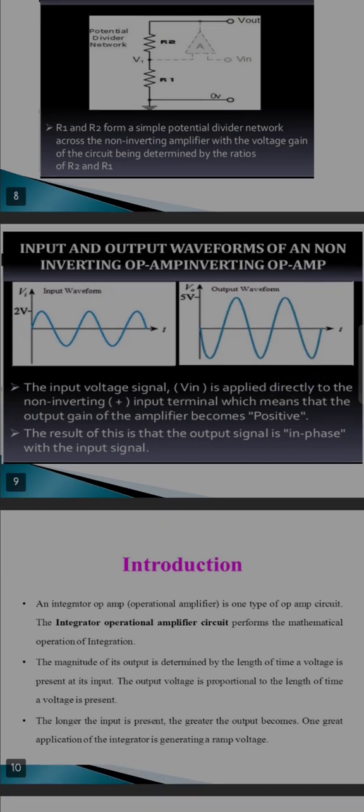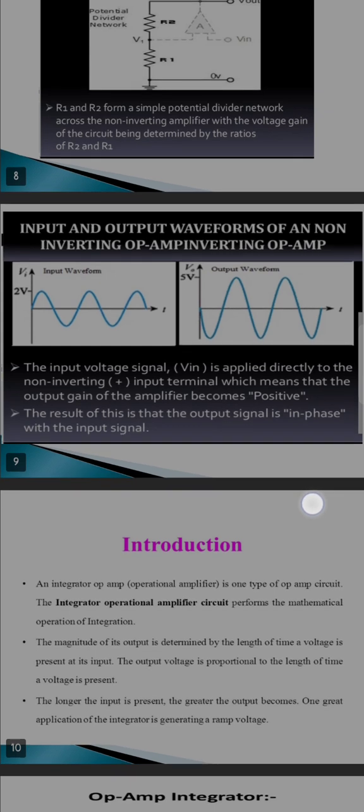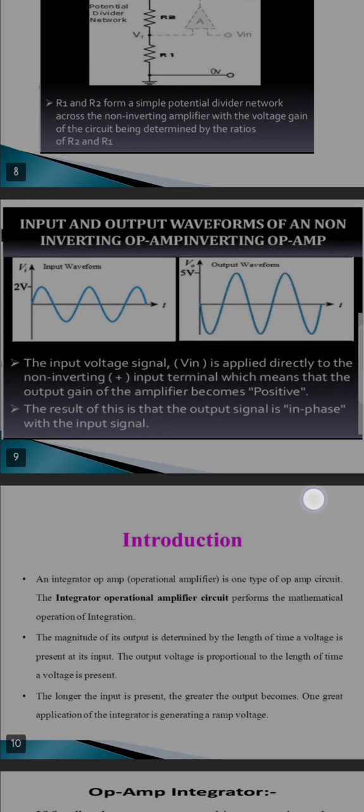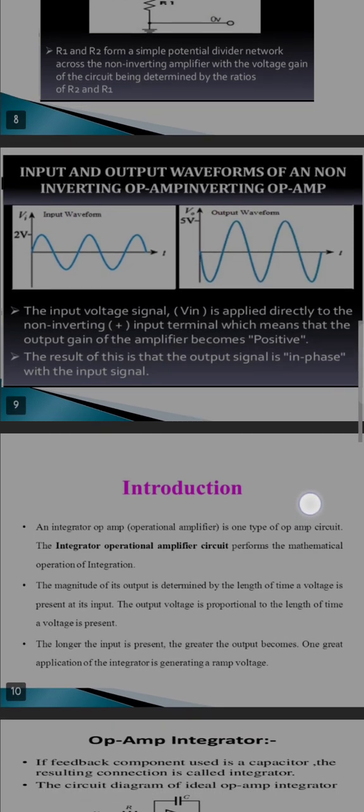The input voltage signal Vin is applied directly to the non-inverting positive input terminal, which means that the output gain of the amplifier becomes positive. The result is that the output signal is in phase with the input signal.